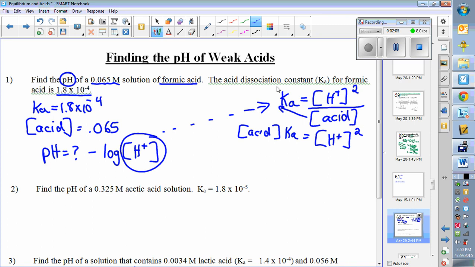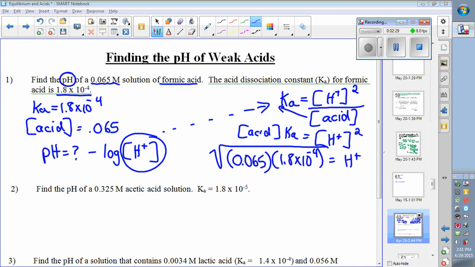We'll plug those numbers in and take the square root. So the acid concentration is 0.065, the Ka is 1.8 times 10 to the minus 4, and that will equal H+ if you square root the answer.